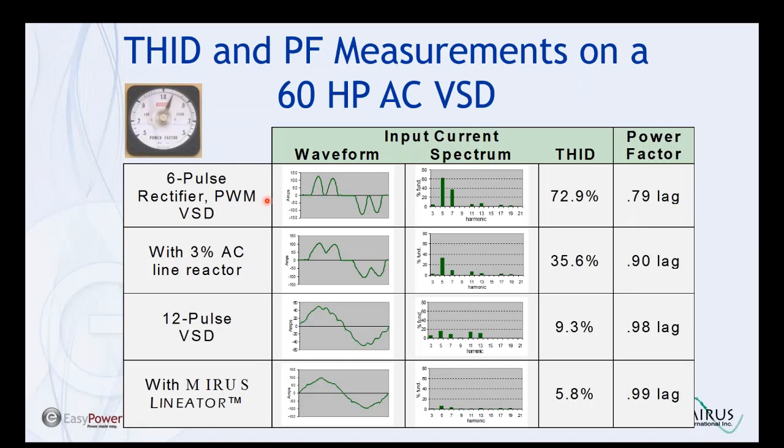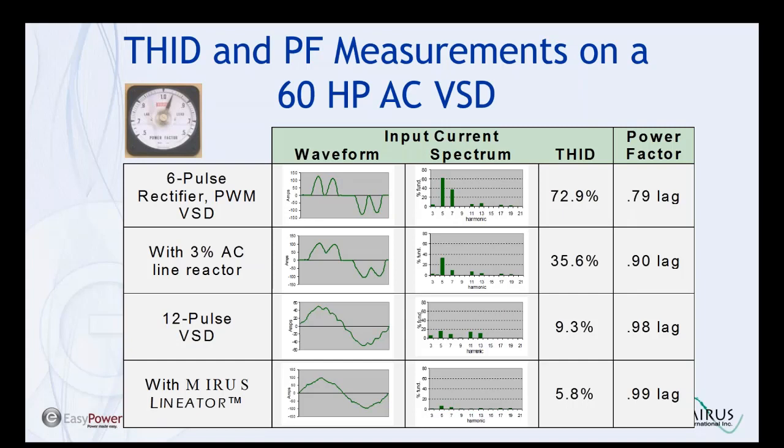It's going to draw its current in pulses. We have double humps on the positive side, double humps on the negative side. This distorted current waveform contains 5th and 7th harmonics predominantly, also 11th and 13th. Total harmonic current distortion is 73%, and the power factor is 0.79 lagging.